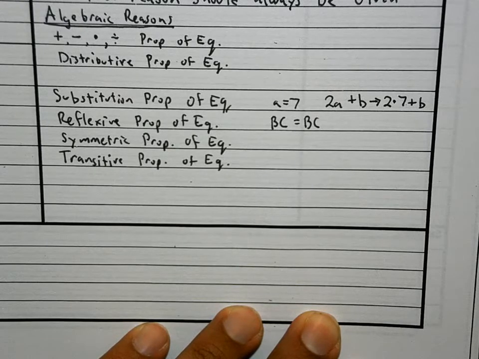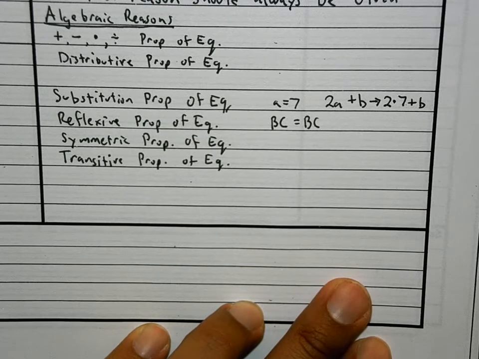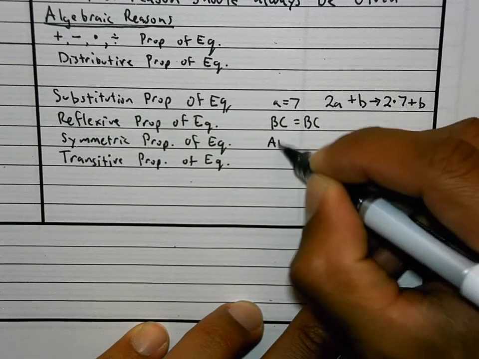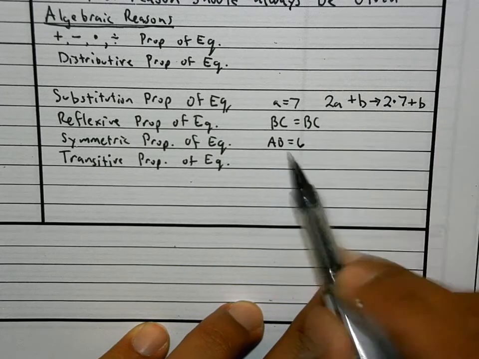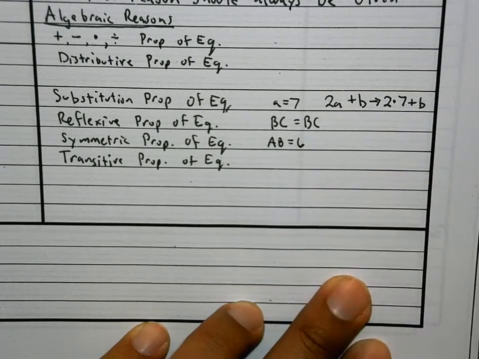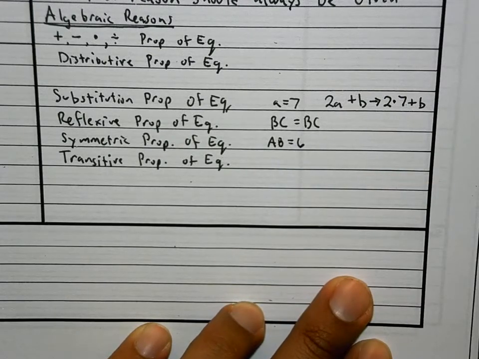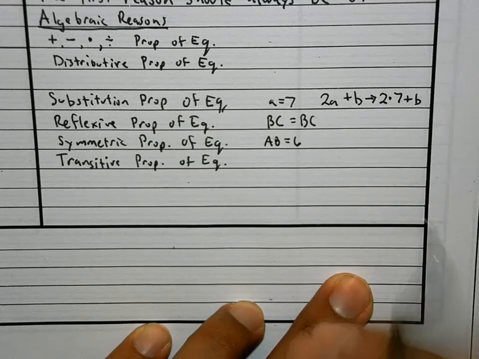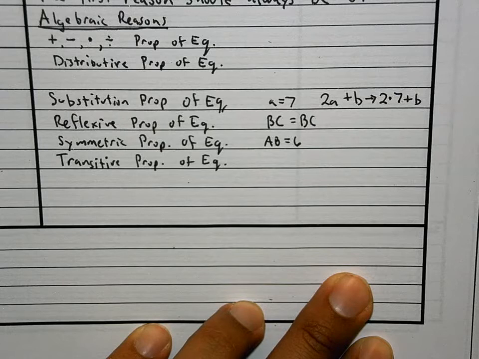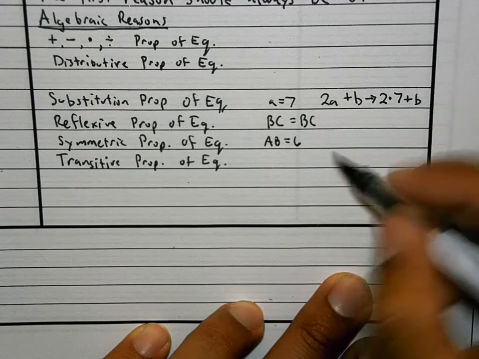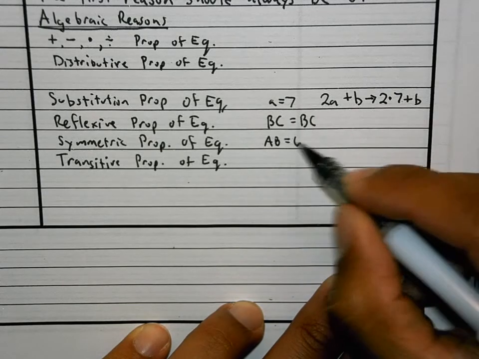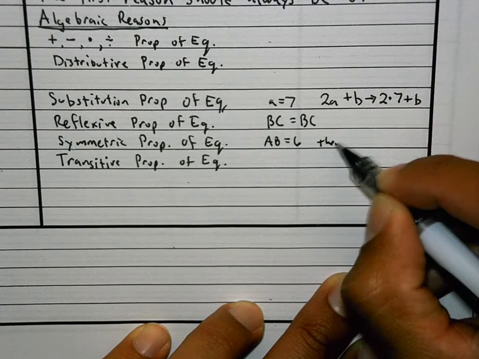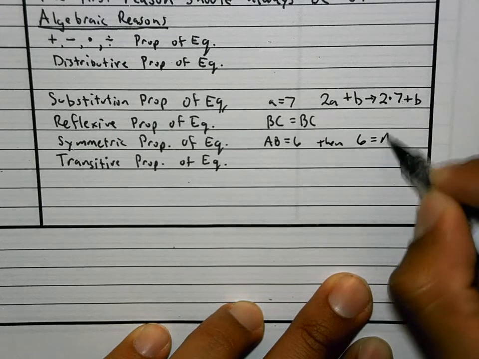Symmetric, on the other hand, is a little bit different. If you ever have that this left side is equal to the right side, if segment AB is 6, the symmetric property will be the opposite. It'll be symmetrical. It'll be in the opposite order. If AB is equal to 6, then 6 is equal to AB.